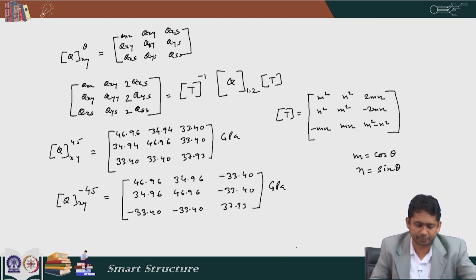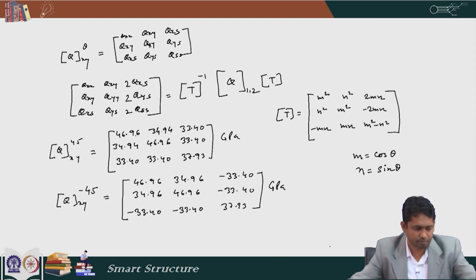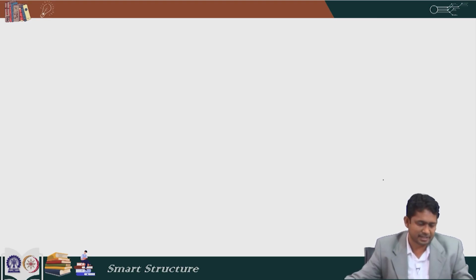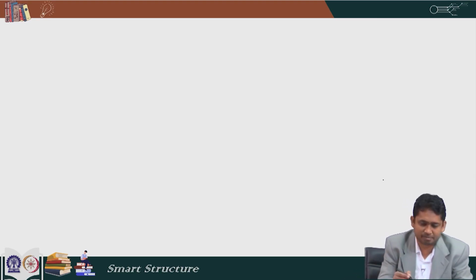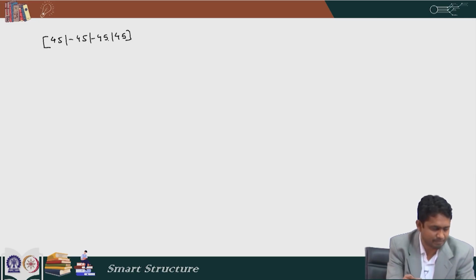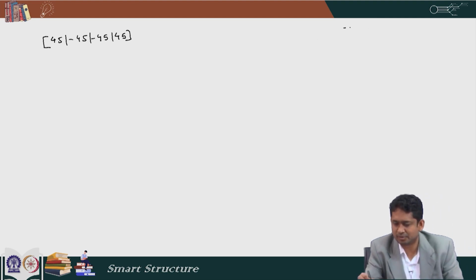So, let us assume that our laminate fiber orientation is 45, minus 45, minus 45, 45. If you want to find out the A matrix, it would look like this first of all.